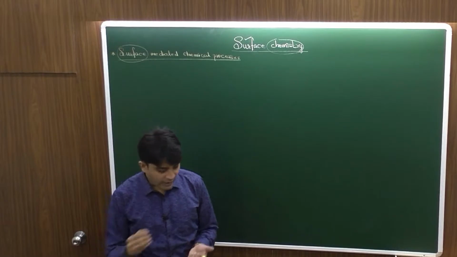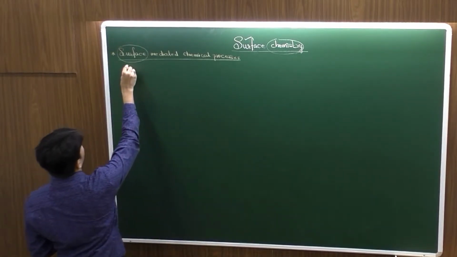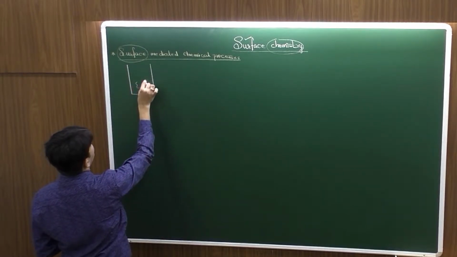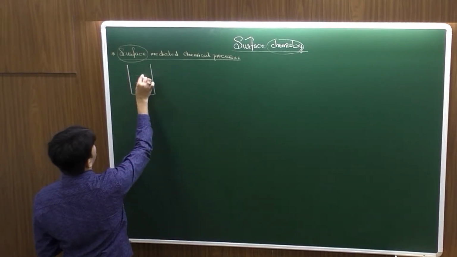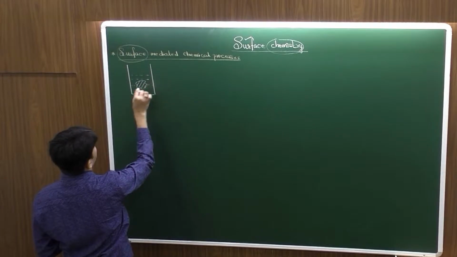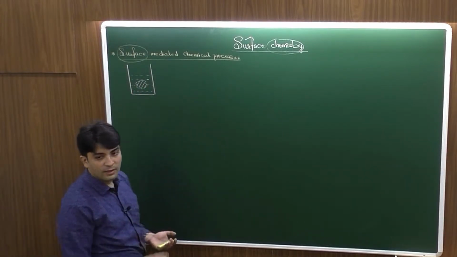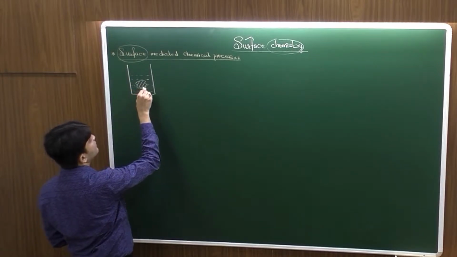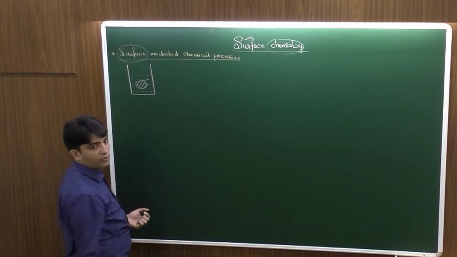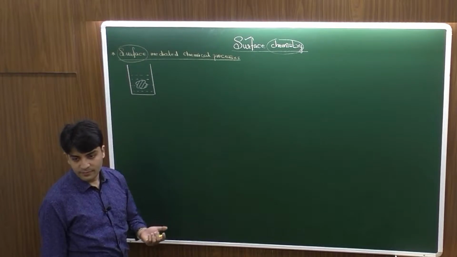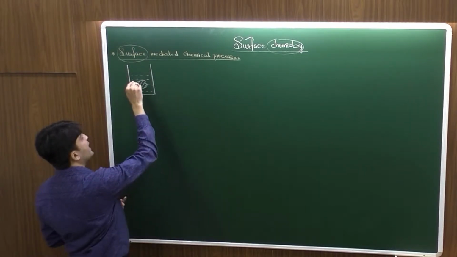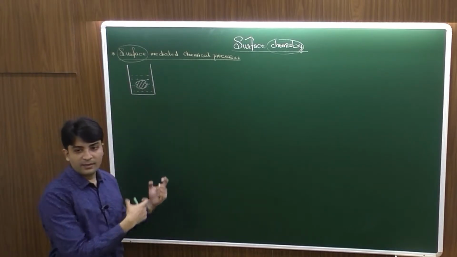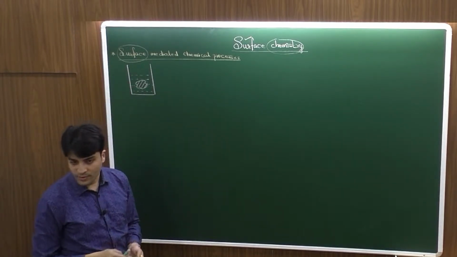For example, commonly, the surfaces which we will discuss, let us say I have an insoluble solid which is dissolved in a liquid. So this boundary which separates the solid and liquid is called as surface. Correct? And there can be reaction which can occur at the surface, and that part is basically discussed in surface chemistry.